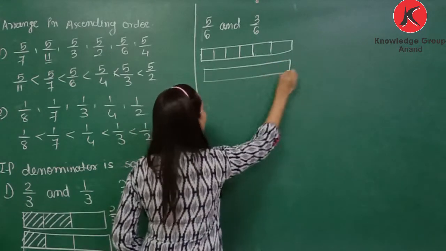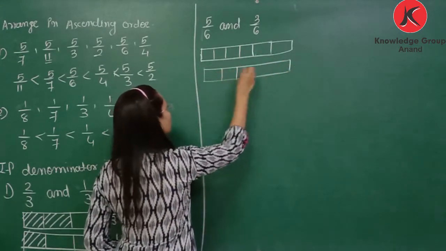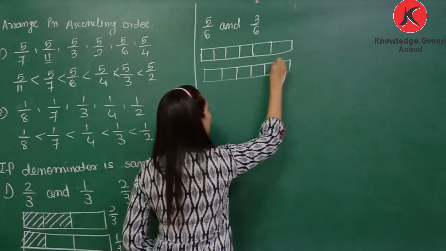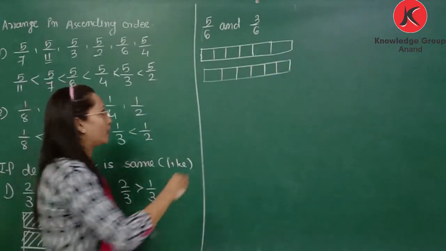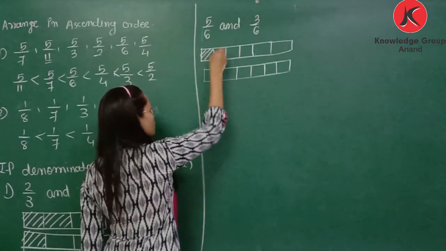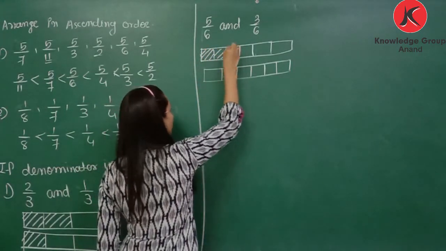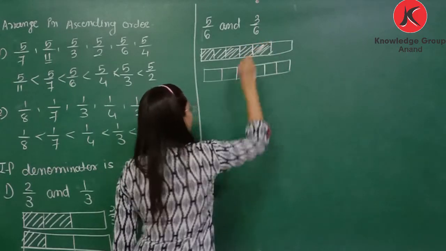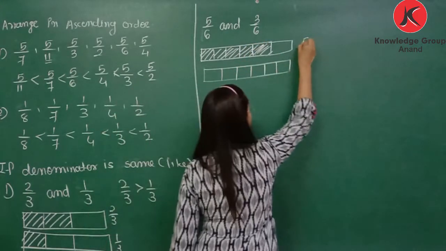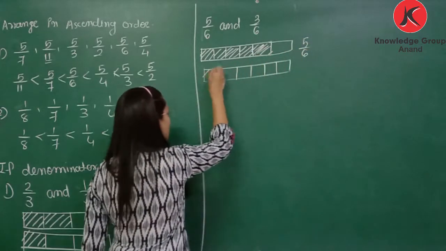Now for the next one, 1, 2, 3, 4, 5 and 6. Assume that they are divided into equal parts. Now 5 parts are shaded. It is not required that every time you need to draw a figure. So here 5 by 6 is there and this one is 3 by 6.